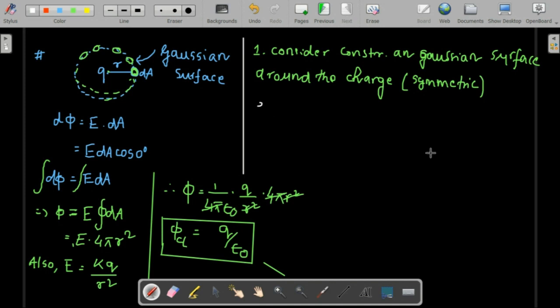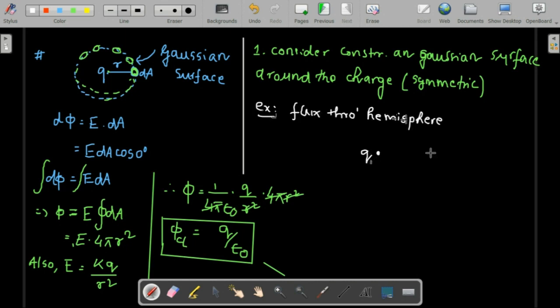Okay. So let's take one example, very simple example. The question is you have to find out the flux through a hemisphere. So if you have a sphere and if you cut it into half, you're basically going to have a hemisphere. Let's say you are having a charge here. This will actually clear your concept of what I mean by symmetric.